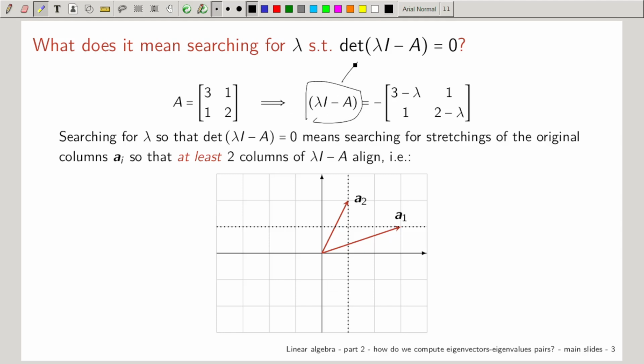This is the matrix that we are trying to investigate. True? What does it mean, considering this matrix here? It means that lambda is a variable, and I can change lambda. Let's change lambda real. If I take A1, I am trying to move A1 with lambda along here.